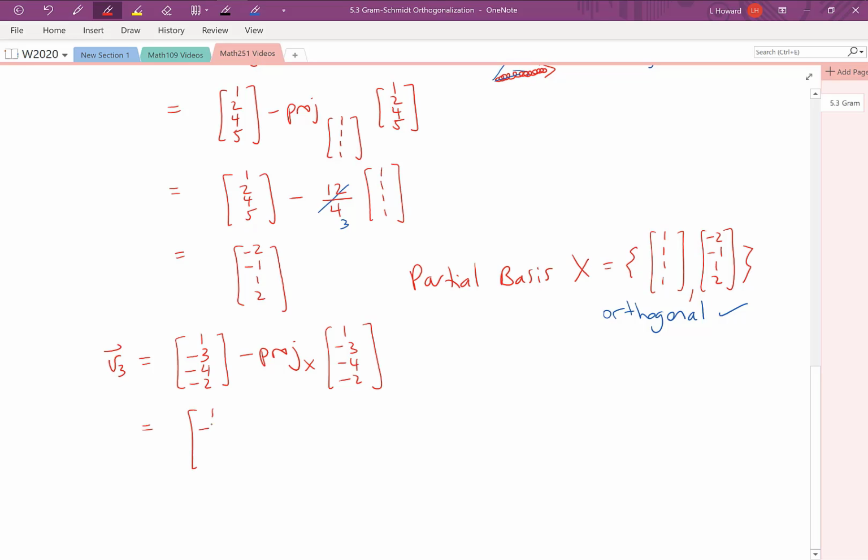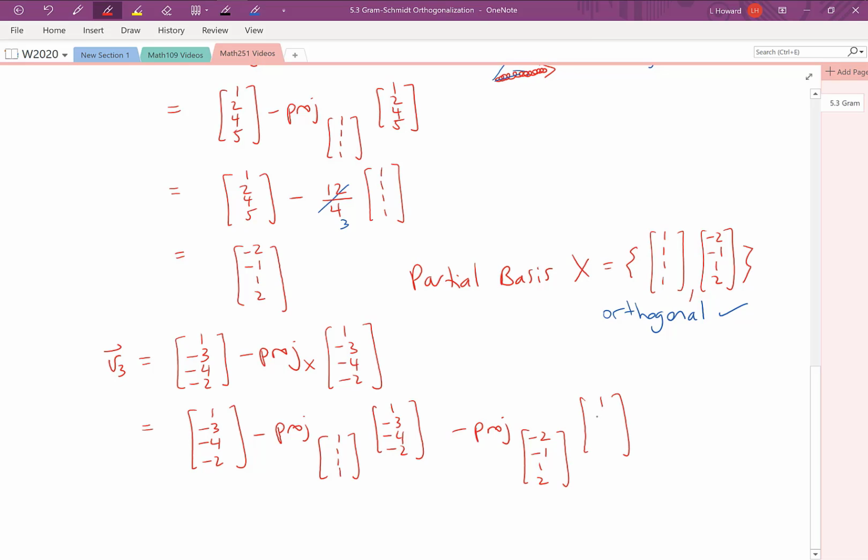So often what I'll do is I will just write down specifically what the projections are. So we're going to go minus the projection onto 1, 1, 1, 1 of our vector 1, minus 3, minus 4, minus 2. And then we also need to subtract off the projection onto negative 2, minus 1, 1, 2. The vector that we're projecting is still our third vector from the span, so the 1, minus 3, minus 4, minus 2.